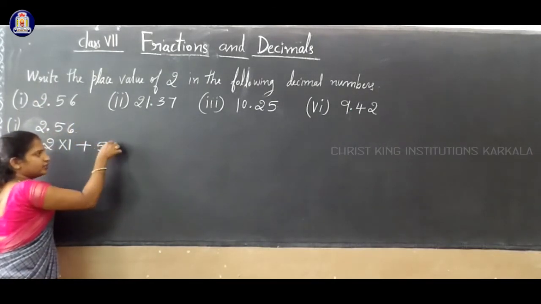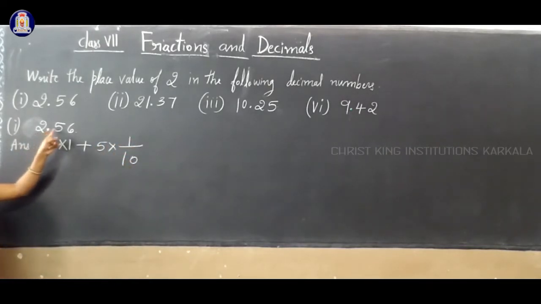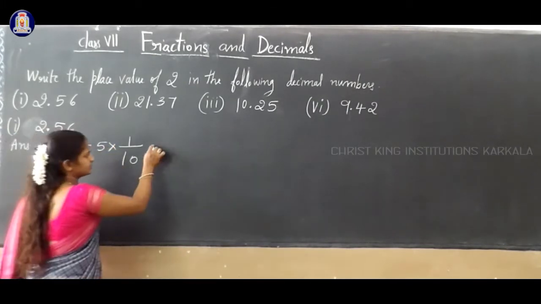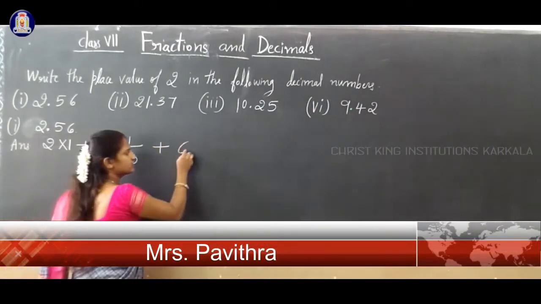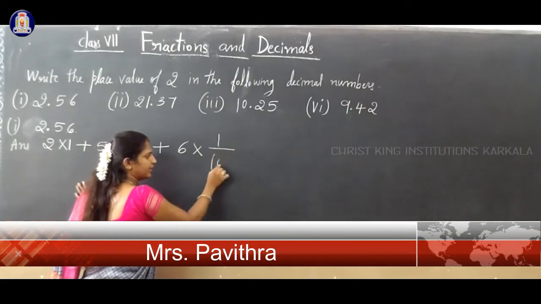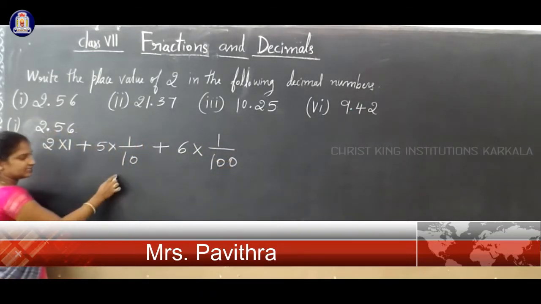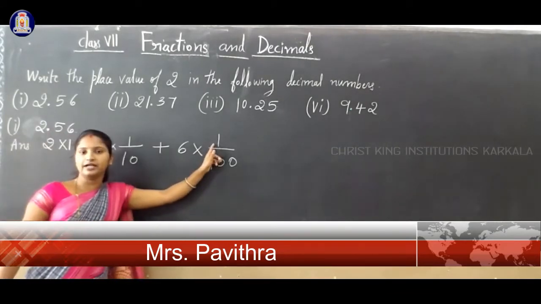So 5 into 1 by 10, plus the next number, 6, so 6 into 1 by 100, the hundreds place. Clear? 5 is in tens place and 6 is in hundreds place.